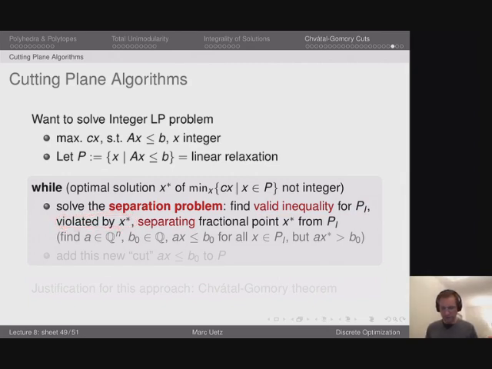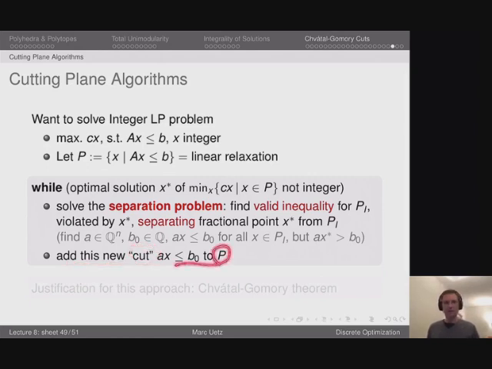Okay, so I separate the current fractional optimal solution from the integer hull, for example by adding Schwarz-Montgomery cuts.